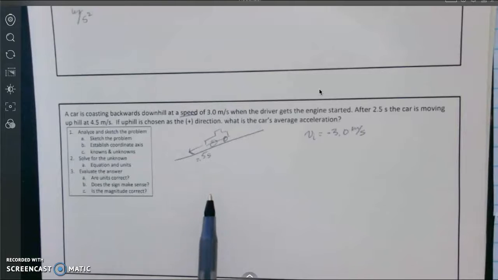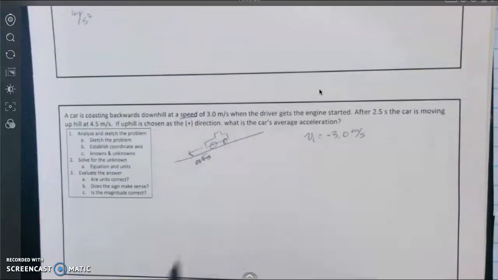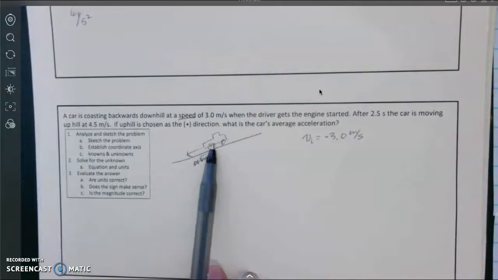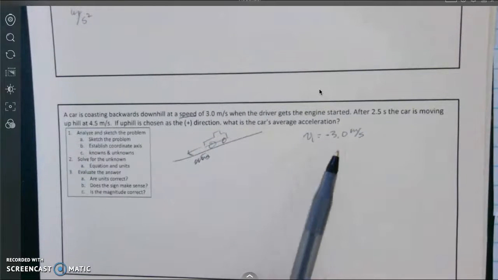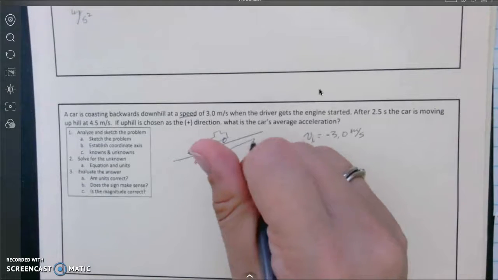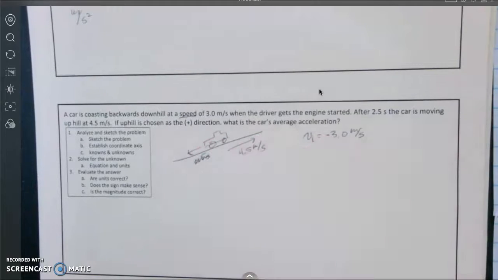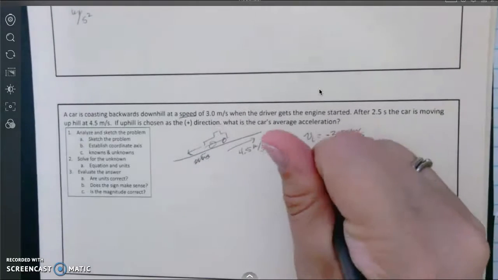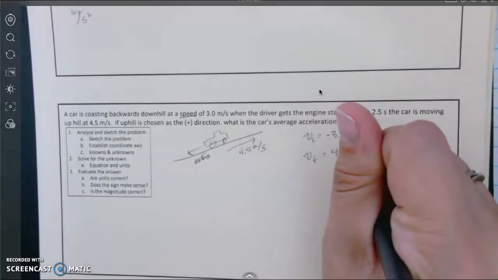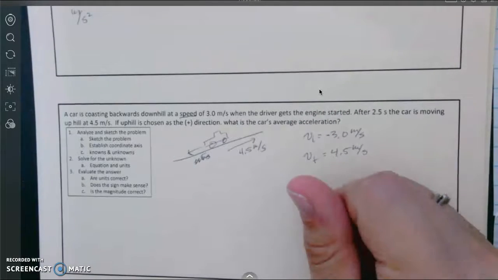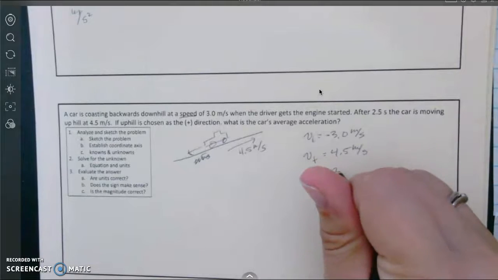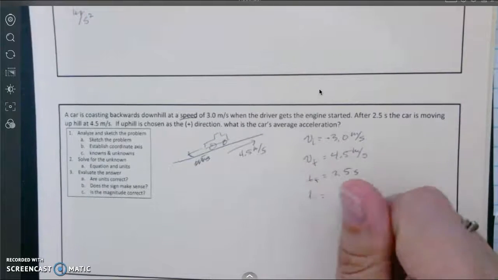Okay, so he's coasting down the hill at a negative 3 meters per second. Then he starts the engine, and after 2.5 seconds, now they're moving up the hill at 4.5 meters per second. So my velocity final is a positive 4.5 meters per second, and my time final is 2.5 seconds. Time initial was 0.